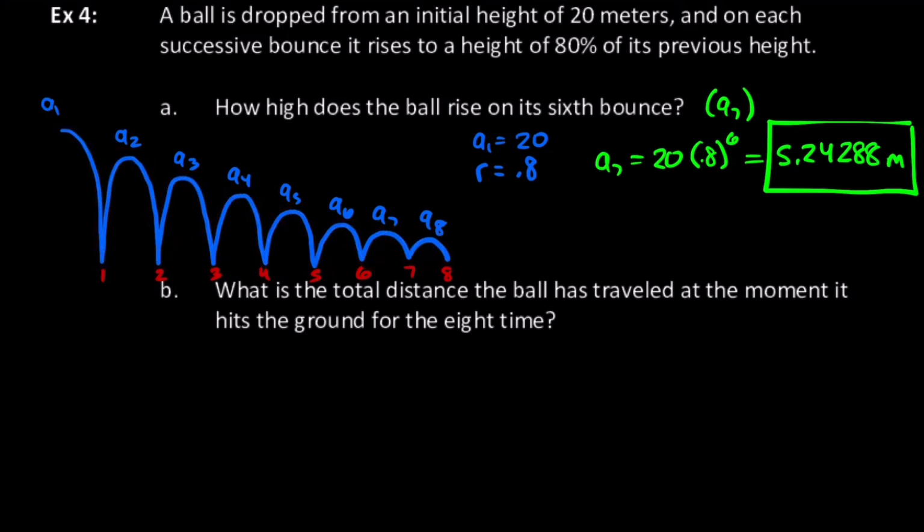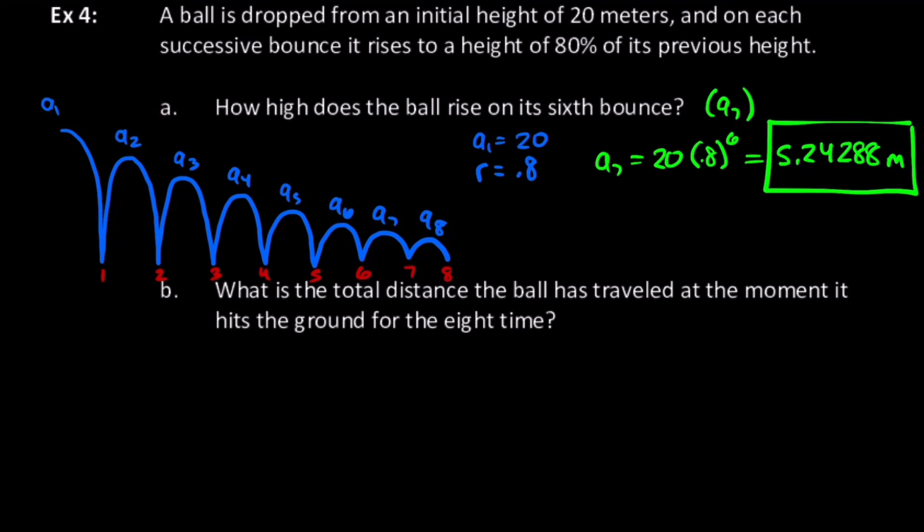So if we take a look now, again, this is kind of represented over time. It's not distance. I'm not throwing it forward. It's just dropping. So it's going down, up, back and forth. So really what I need to do is I need to get all of these heights here and add them together. Well, one approach is to take the sum of the first 8 terms, right? So if this height here is 20, and that's 80% of it, so that's 16, and that's 80% of that, and so on and so forth, I need the sum of the first 8 terms.